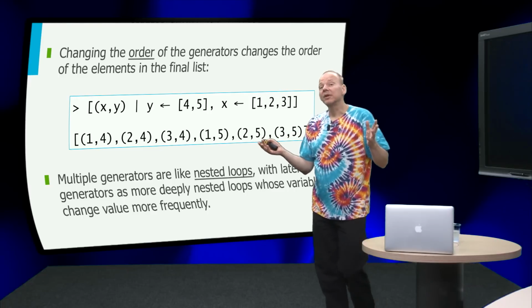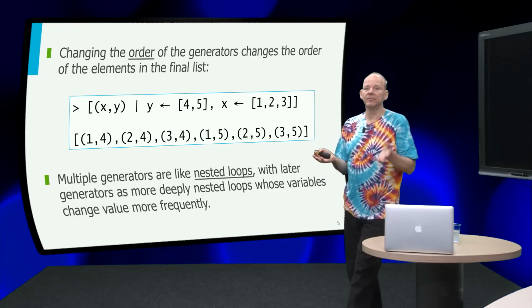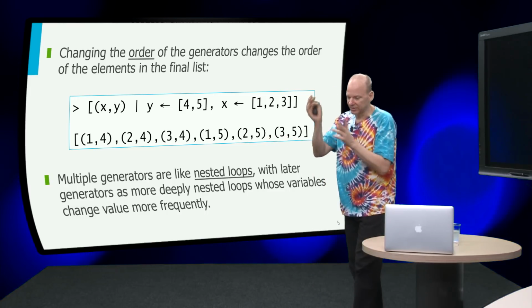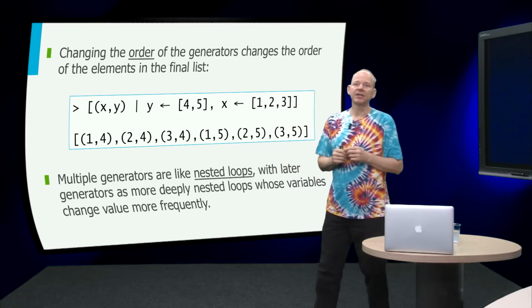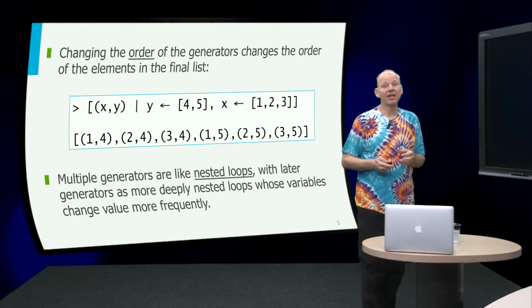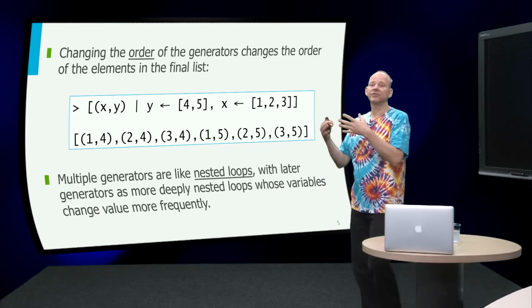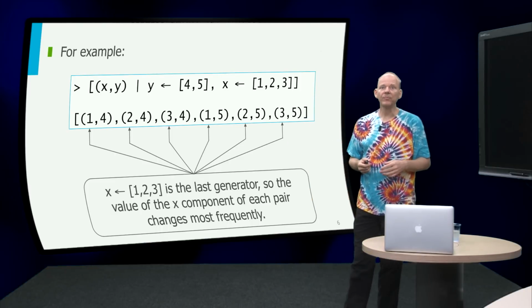And a language like SQL is completely built on top of comprehensions, only there you don't write them this concisely, you write select from where, etc. But it's basically the same idea. So by studying list comprehensions in Haskell, you will be well equipped to use the same ideas in whatever language you encounter them in. All right.